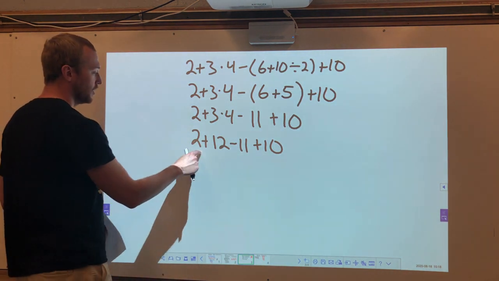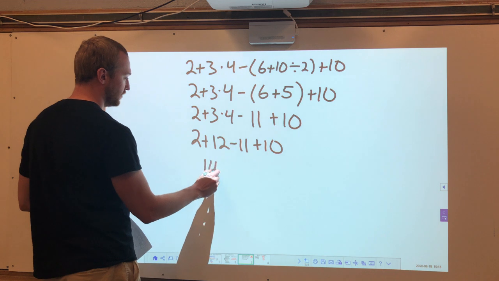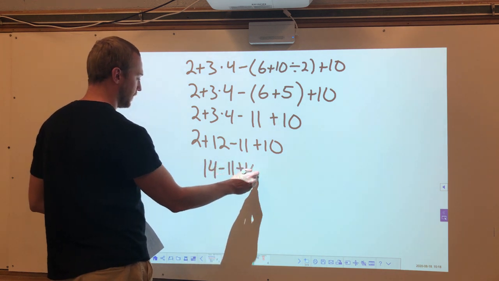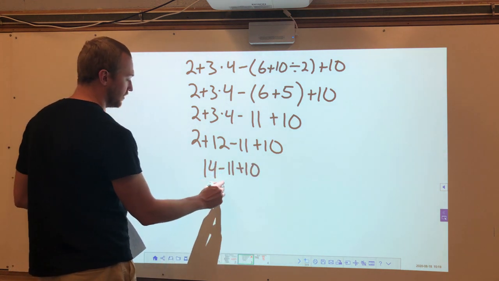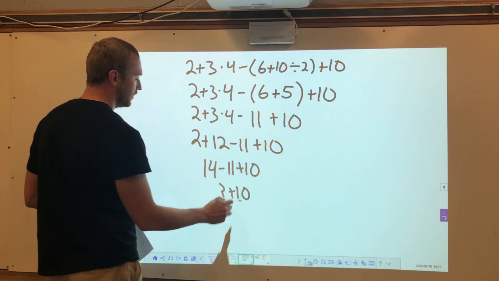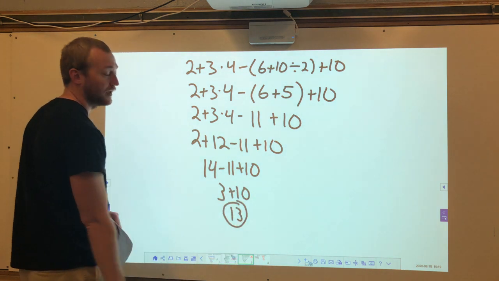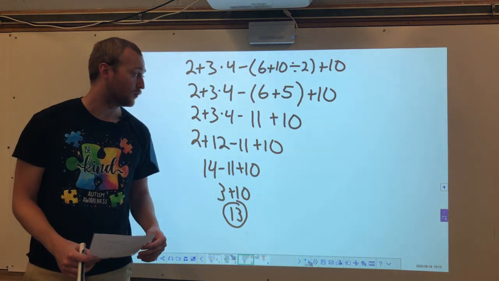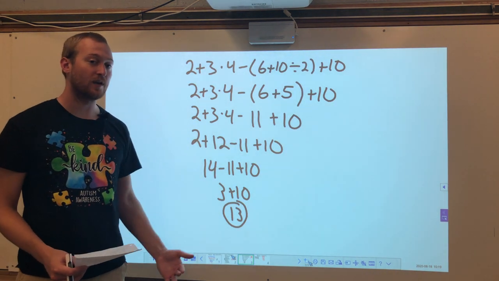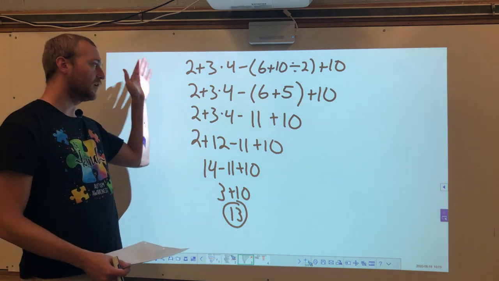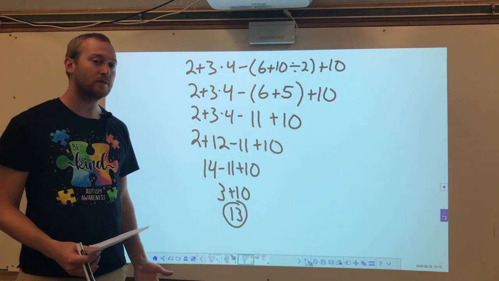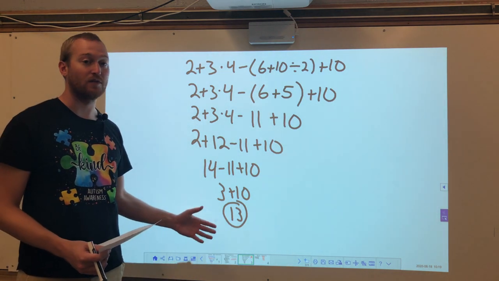So I'm going to do 2 plus 12, which is 14. 14 minus 11 is 3. 3 plus 10 is 13. And that is correct. We all follow the order of operations the same way. Any person around the world that knows the order of operations will give you the same answer, 13.